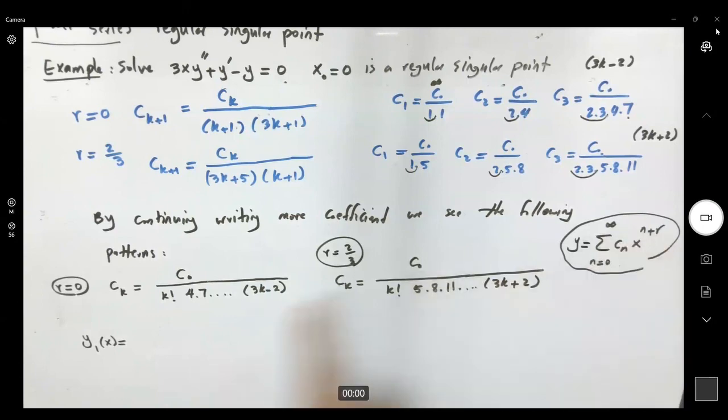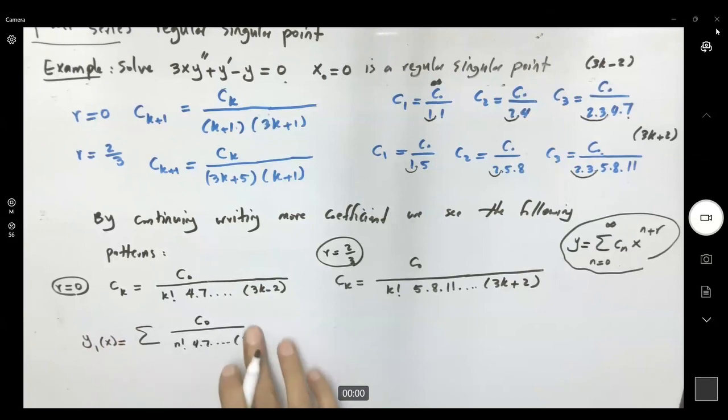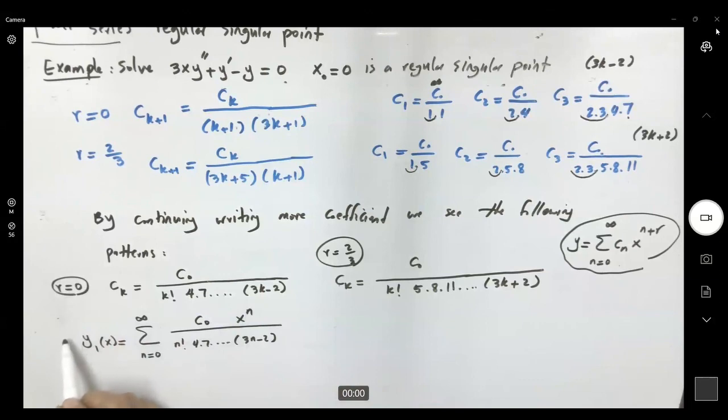So y, the very first one, related to r equal to 0, is equal to the sum, and you can convert this back into n: c sub 0 divided by n factorial times 4 times 7 times 3n minus 2, n starting from 0 to infinity, and we have x to the power n, and r is equal to 0, so you get x to the power 0 for r, which is 1.